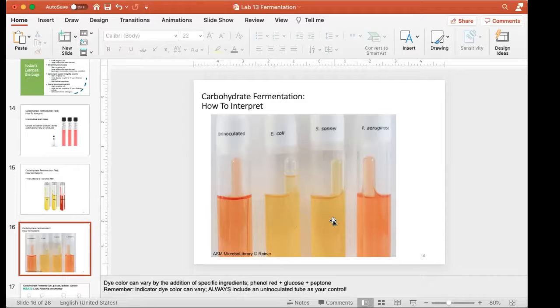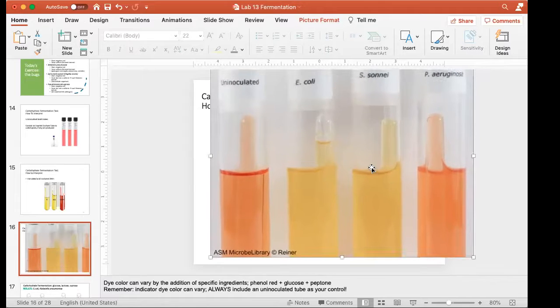Remember, don't forget the Durham tubes. So yes, these are positive for acid production, but you also have to look at the Durham tubes. And I know it's hard to see because of the color, but this Durham tube is still full of that yellow medium. There's no gas in this tube. Now look at the E. coli tube. The yellow medium has been displaced.